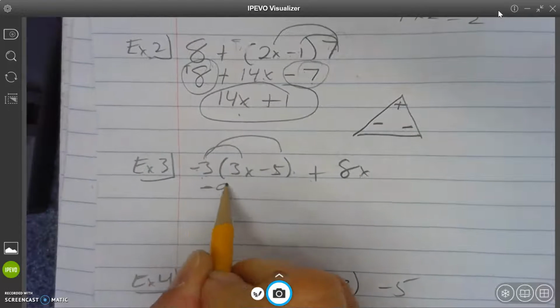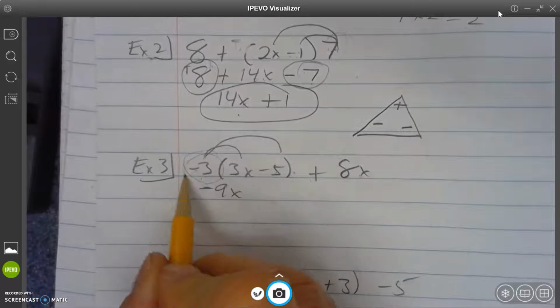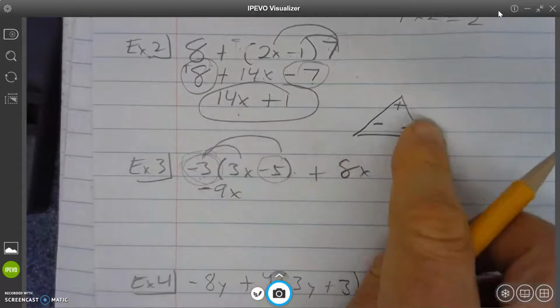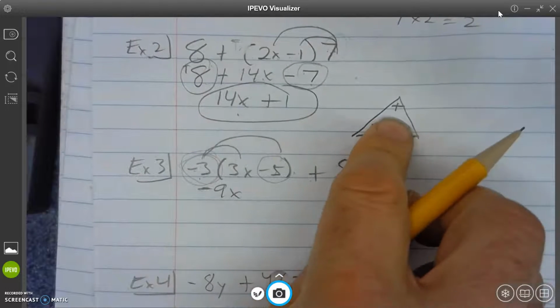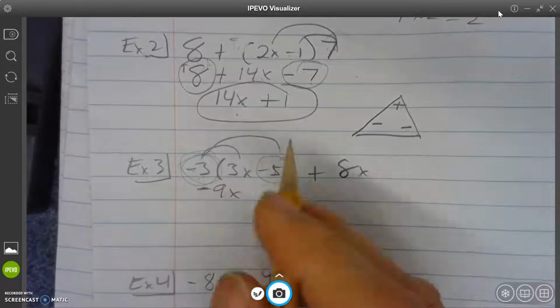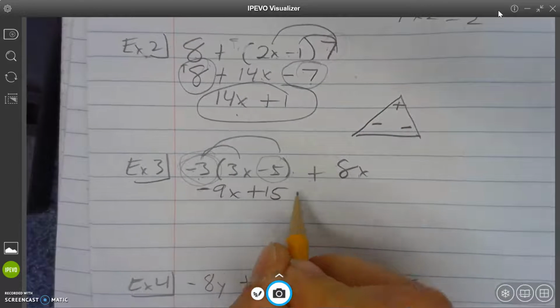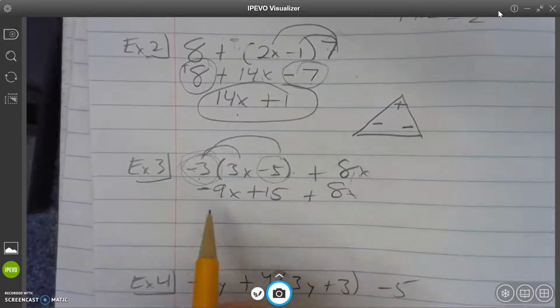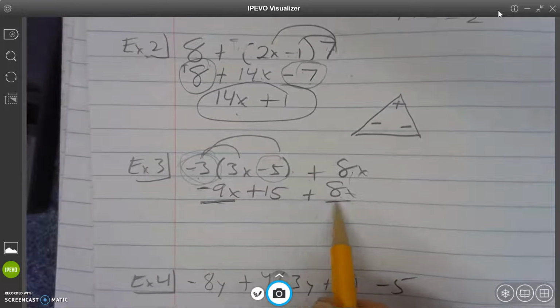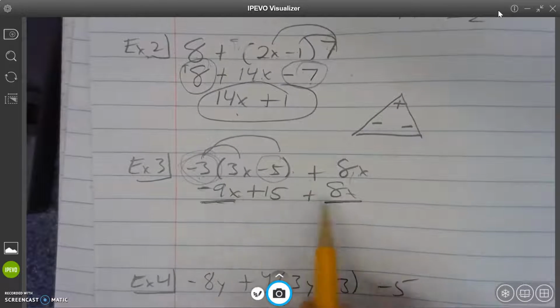So that's negative 9x. Negative 3 times negative 5. A negative times a negative, cover those up, and you get a positive. So that's going to be positive 15 plus 8x, bringing that down. Okay. Negative 9x and 8x, those are the like terms.